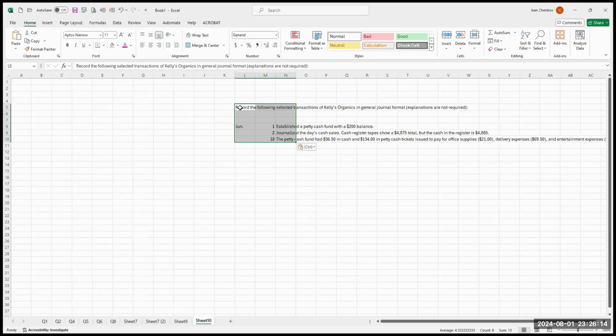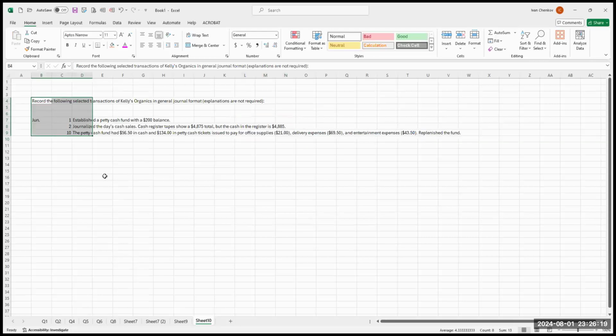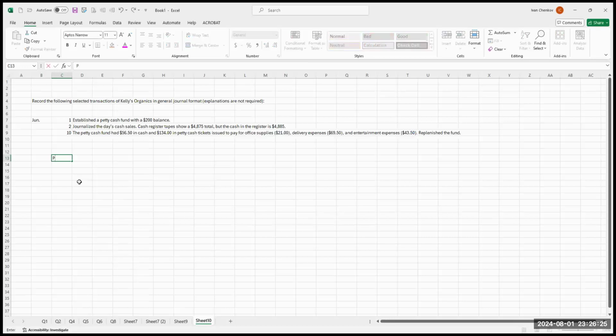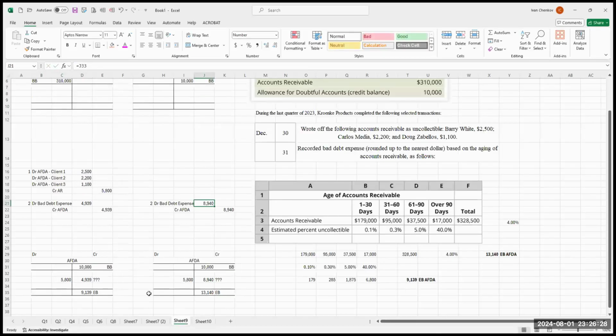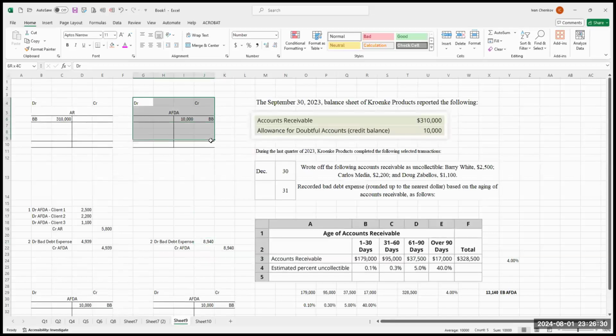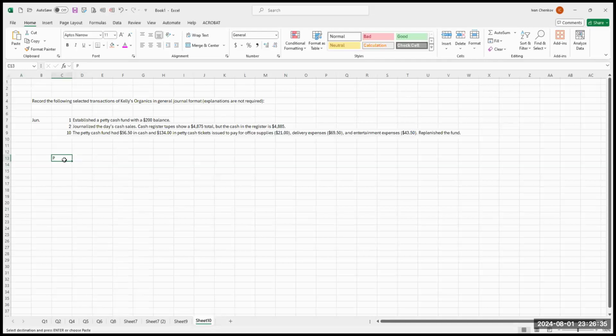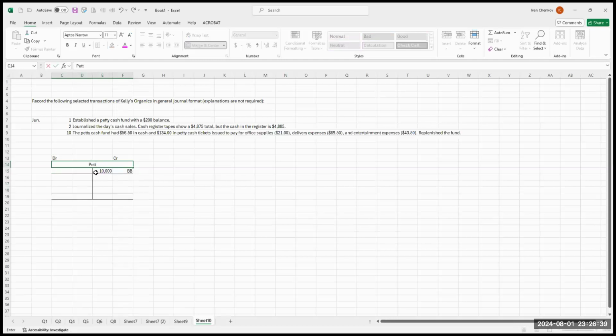So this is the information that we have. First we have petty cash. We established the petty cash account. Let me grab one account from the previous chart here. We have this petty cash, and the petty cash account beginning balance is on the debit side.